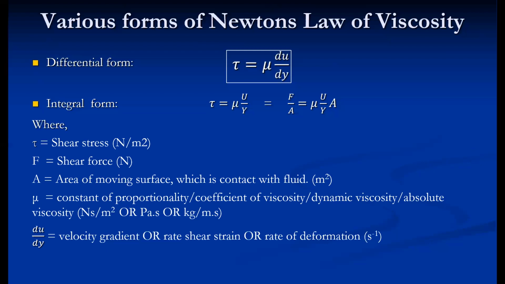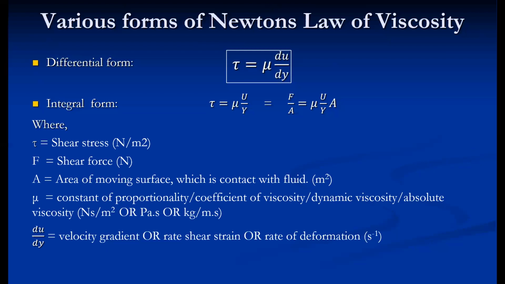In most cases, if Newton's law of viscosity is asked in an oral examination, most students say stress upon strain, or shear stress is proportional to shear strain. That is not the correct definition.